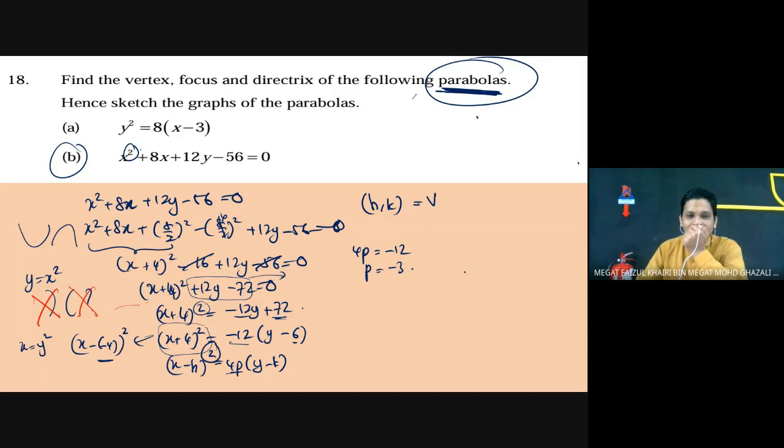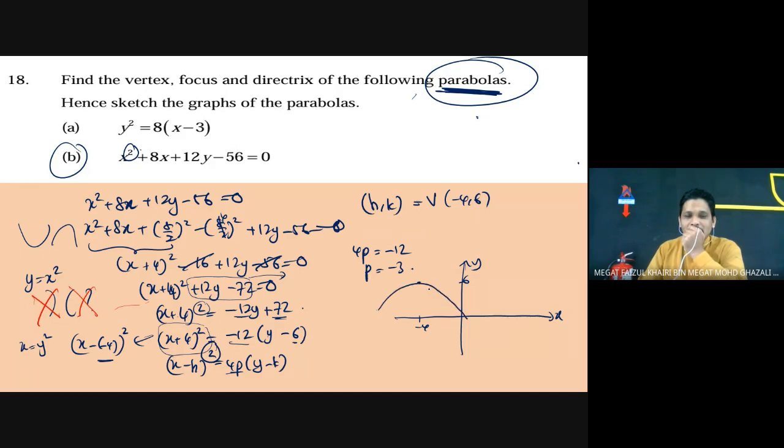Okay, so now the vertex is negative 4 and 6. And then p is negative, so I think that it is facing downward, something like this.